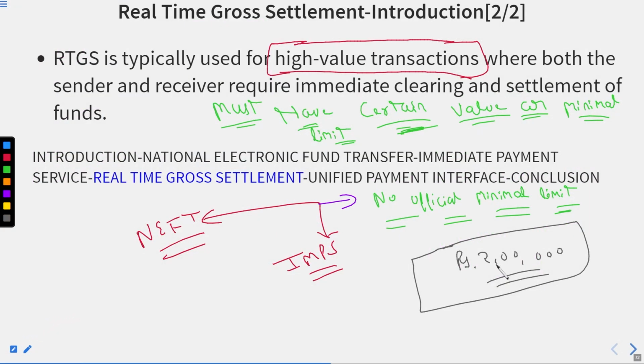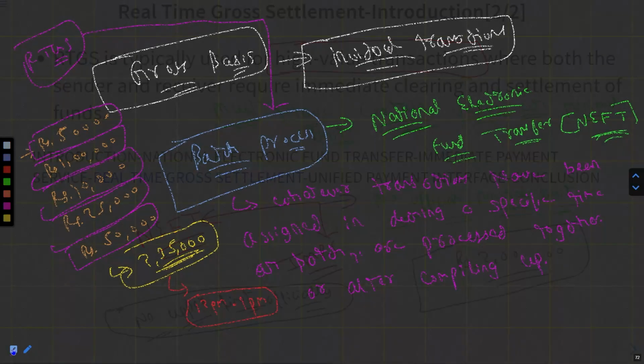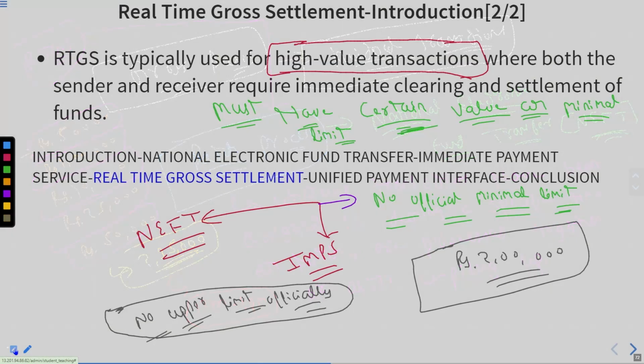And if we talk about the minimum limit, we have seen that it must be 2 lakhs, and no upper limit officially. So this is the introduction of RTGS. In this method, transactions happen on an individual basis, not on batch processing, and on a gross basis. Got it?